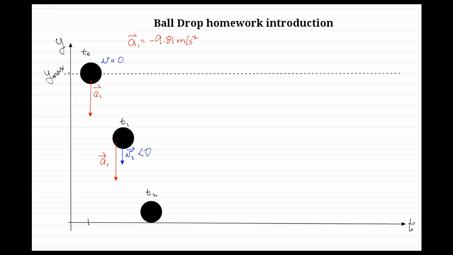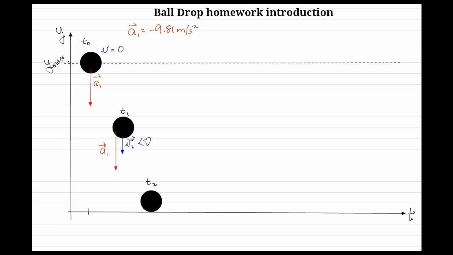Okay, now the next time we have is the instant the ball hits the ground. So at the instant the ball hits the ground, it has a velocity again which is downwards, and it's going to be larger than it was at T1. So this is our new velocity. I'll call it V2. And we also have acceleration.